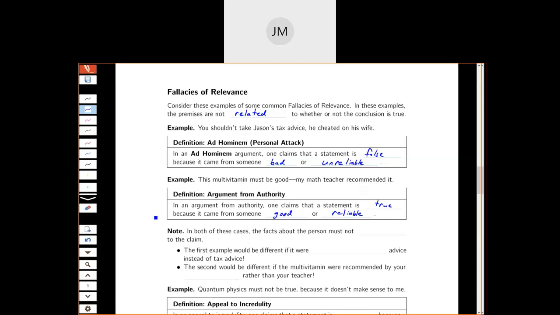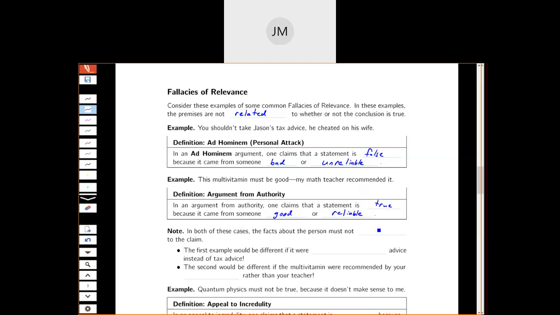And you shouldn't trust something about multivitamins that I say just because I said it. So this is the idea of argument from authority. What we're doing is saying that a statement is true or more likely to be true because of who said it. And what we should be doing is looking at, well, do we have any good reason to believe this thing? What are the arguments for it? What are the reasons?